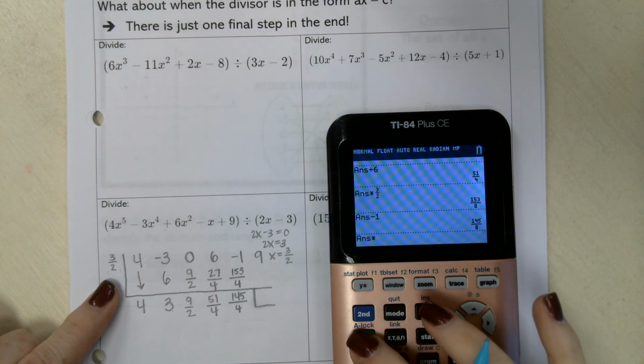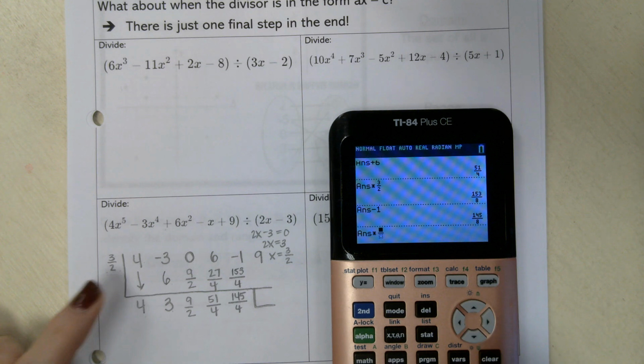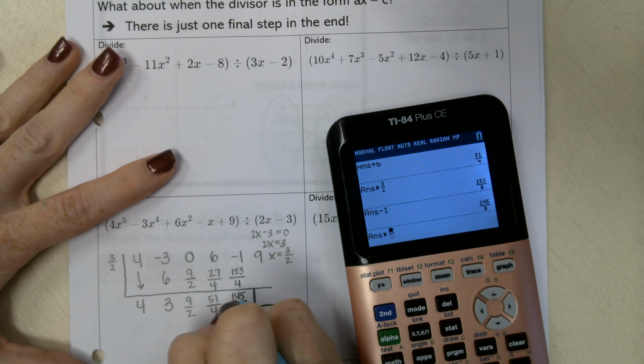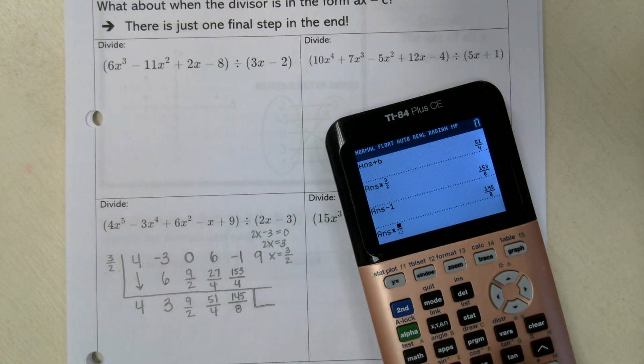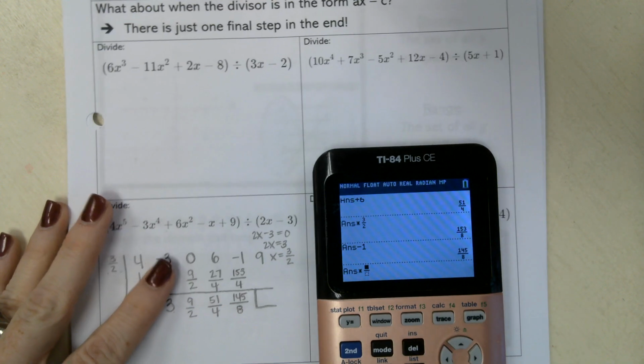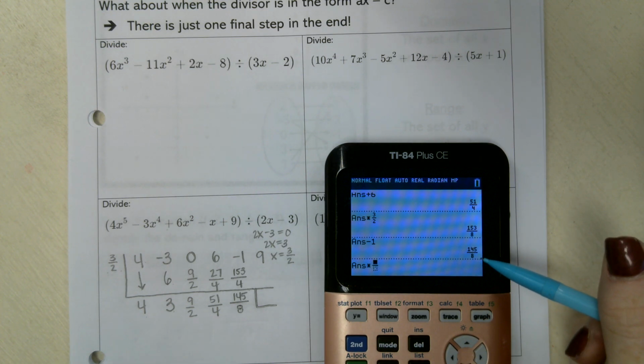Once again, I'm multiplying. Huh? It says over 8 on the calculator. Over 8. You're right. Thank you. Good catch. Oh my goodness. My eyes clearly don't work that well. Okay? It's 145 over 8. I just wrote down a 4.